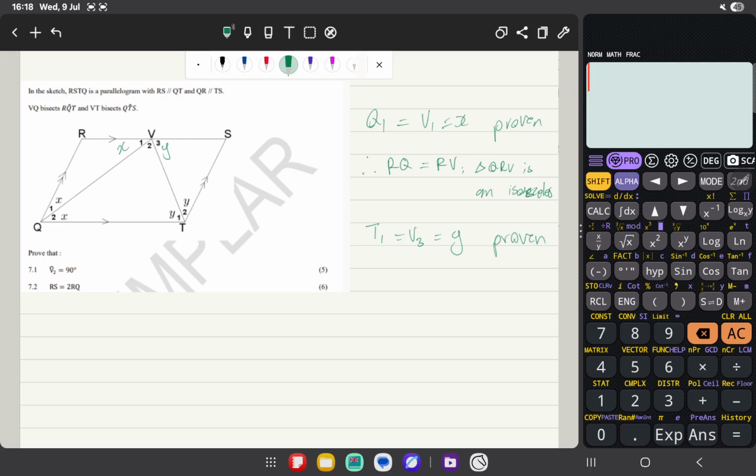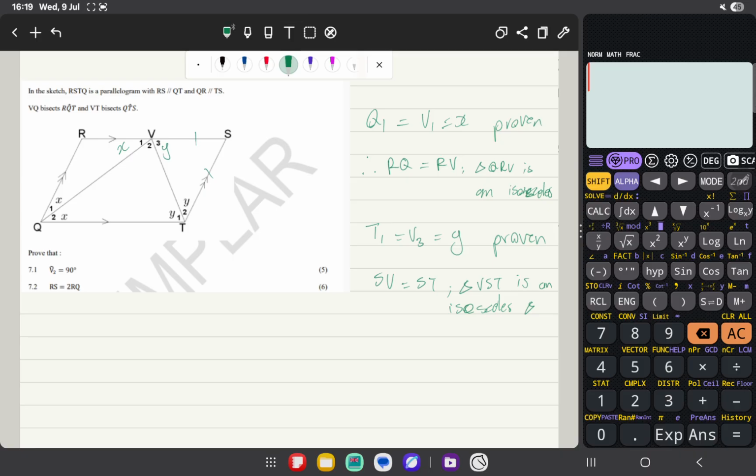And then in this triangle, because now you have y, so this will be the same length. So now you have SV equals ST, and then you will say triangle VST is an isosceles triangle.